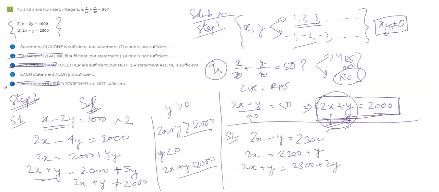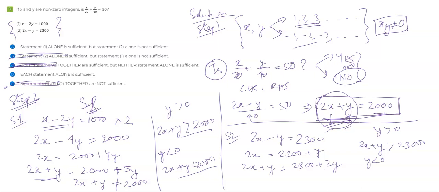You'll get this. Okay, now think about it. y can be positive or y can be negative, both. If y is greater than 0, then 2x plus y will be greater than 2300. So it will be greater than 2000. It won't be 2000. Okay, but what if y is less than 0? If y is less than 0, then there is a scenario, right? If you subtract something, you may reach 2000.